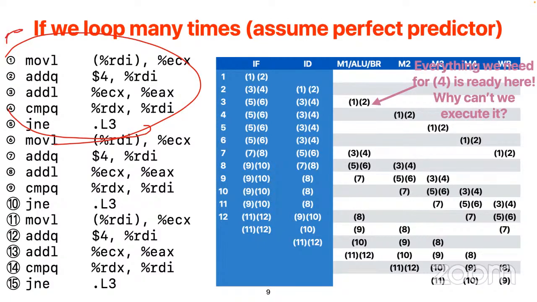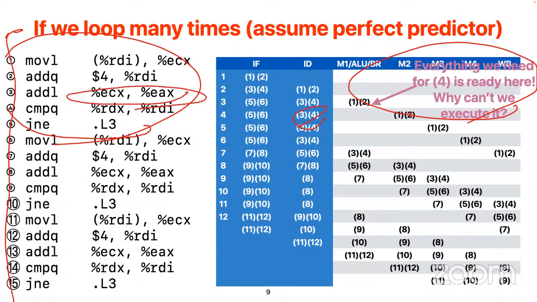So we duplicate the instructions three times, and let's see what's going on, right? Everything we need for instruction 4 is ready here, but we cannot execute instruction 4 because instruction 3 was actually blocked, as the result of ECX is not coming yet, right?